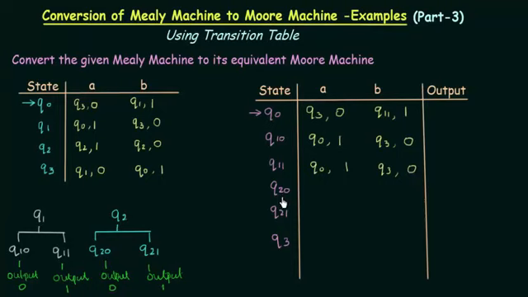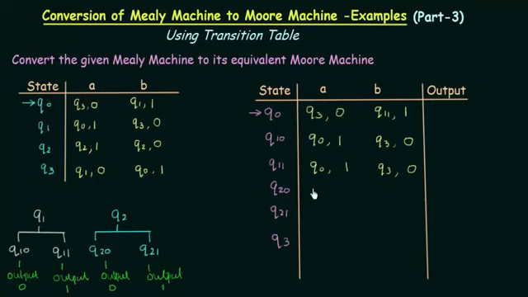It will be exactly the same, Q3 0. Now come to state Q20. State Q20 can be checked using this row of state Q2. So Q2 on input A, it goes to Q2 giving output 1. But we see that Q2 was split into two states, and which is the Q2 that gives output 1? It is Q21.